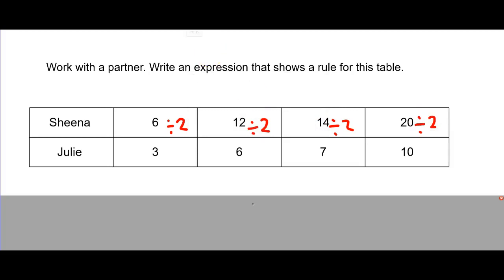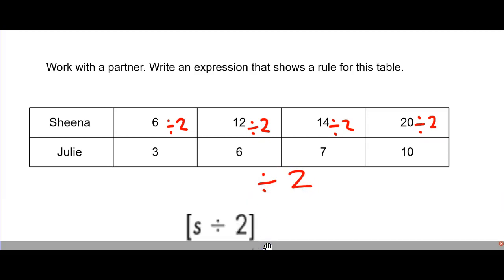So I think we found our rule. It is divide by 2. So whatever Sheena has, we're going to divide it by 2.